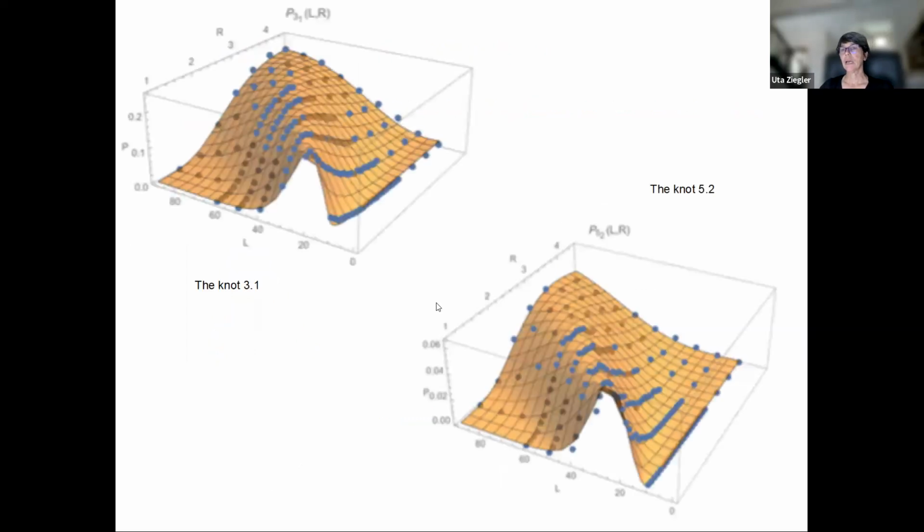Okay, now when we apply this to the knot 3_1 or the knot 5_1, we get these surfaces. And again, you see that some of the blue dots are clearly on top of the surface, and some of them are slightly below the surface. So this is not exact, but it gives us a good idea how these surfaces behave for a pair of length and confinement radius.